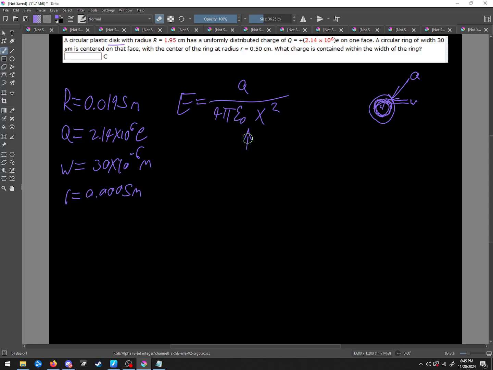As it's kind of alluded to, this isn't really a disc ring problem, right? That is not what we should have actually been looking for here on one face. And see how I drew it here too? Where there's something here, and then we have another thing laying on top. This is actually a surface density problem.